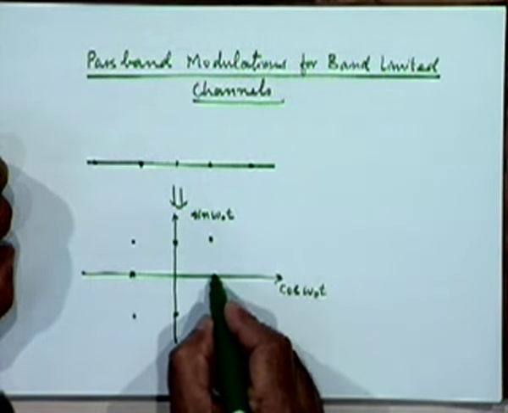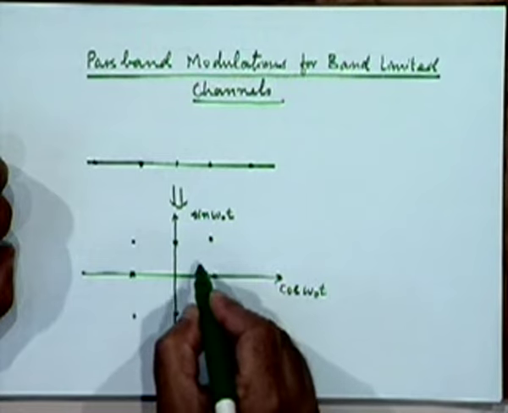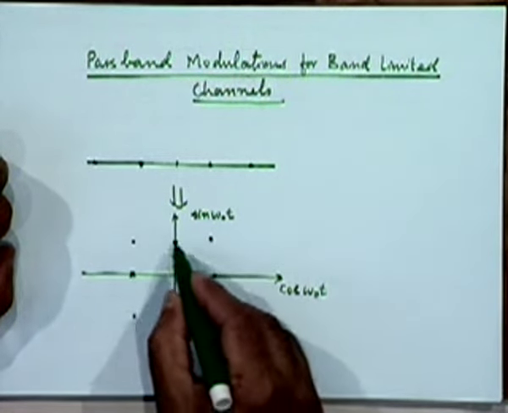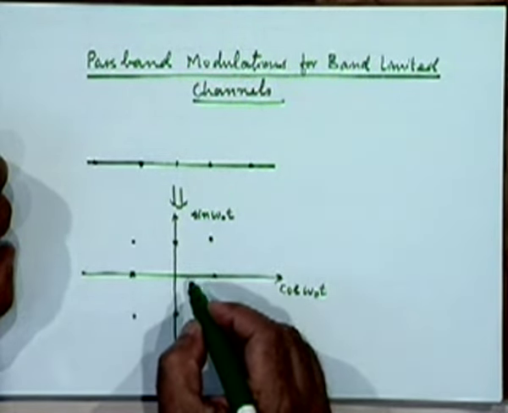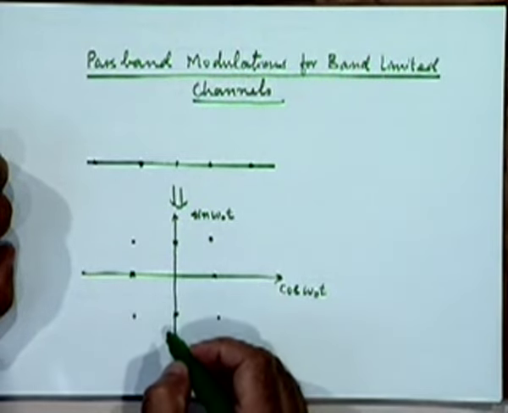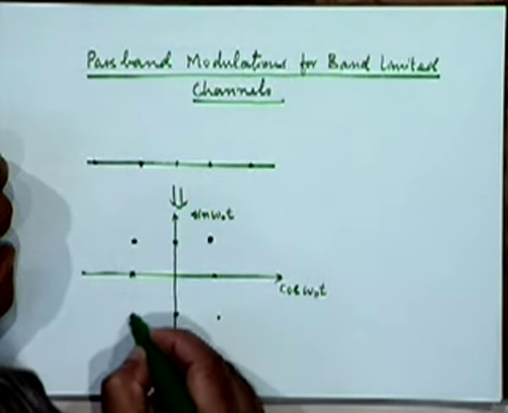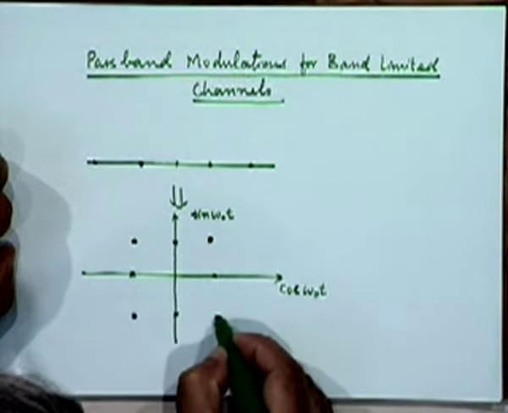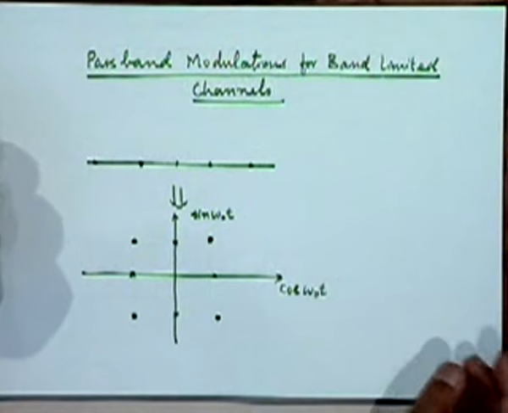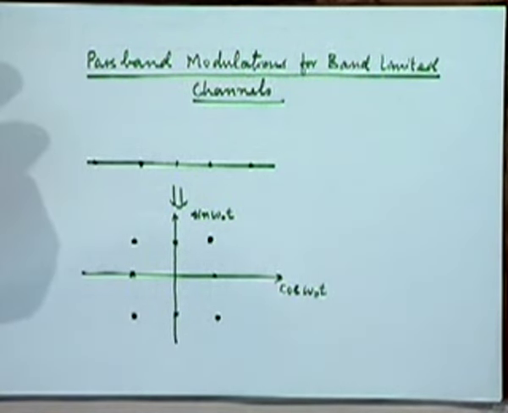So depending on the specific combination of 1s and 0s that we have modulating the two quadrature carriers, we will get one of these 4 resultant vectors or points. They can be represented by one of these 4 points. Is it understood? Very clear?